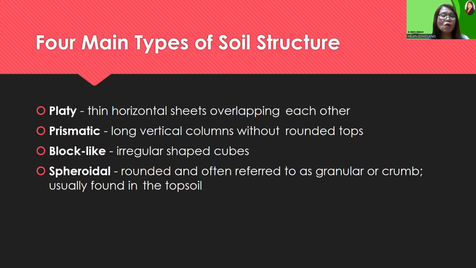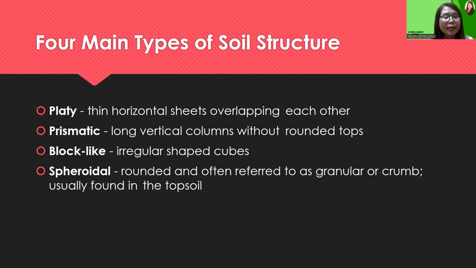There are four main types of soil structure: platy, prismatic, blocky, and spheroidal. Platy is thin horizontal sheets overlapping each other, while prismatic is long vertical columns without rounded tops.